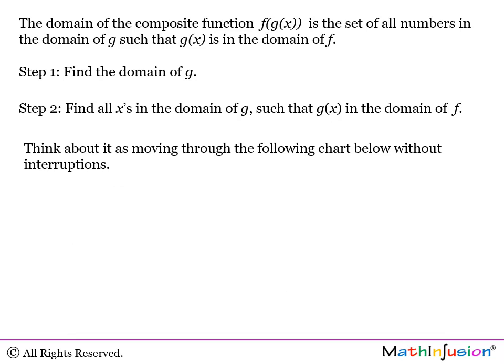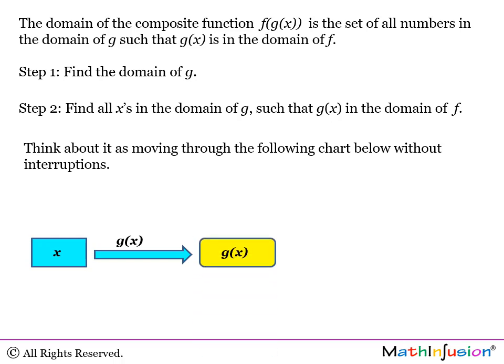We can think about it as moving through the following chart without interruption, or if you want, moving in the pipes. We have to start with x, and because we first apply g(x), x has to be in the domain of g. But then we are in g(x), and this is now the domain of the function f, because we now apply f.